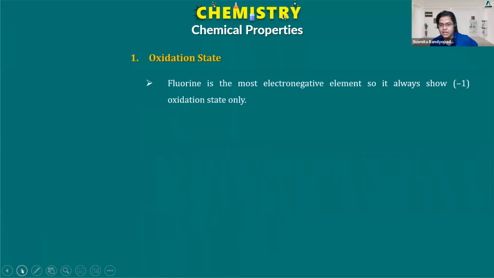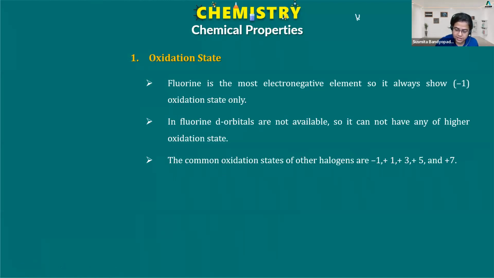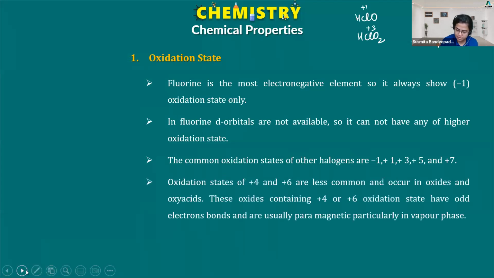Oxidation state: fluorine can show only zero or negative oxidation state. For other halogens, other than -1, you can see +1, +3, +5, +7. For example HClO, +1; then +3, +5, +7. In some other oxides and oxyacids, you can also see +4 as well as +6, less common, but you can still see.